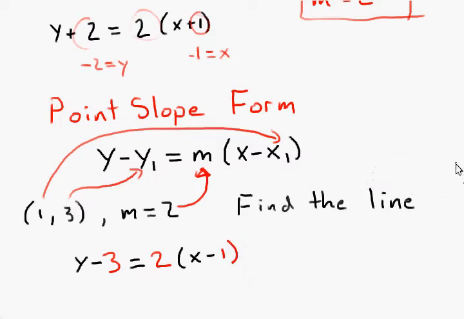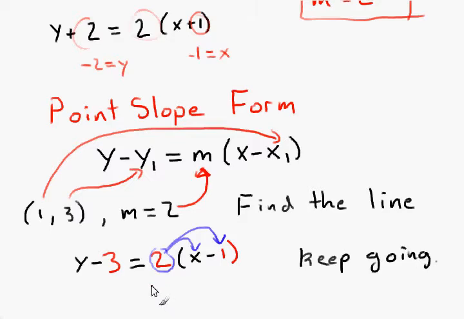Alright. What if we want to keep going? I mean, we could take 2 and distribute it. Let's try that. We're going to have 2 times x, so 2x.